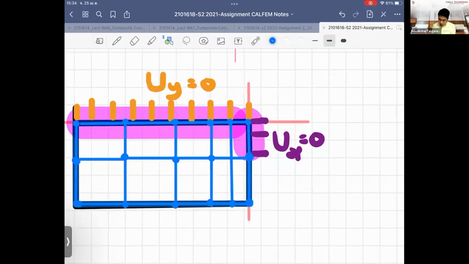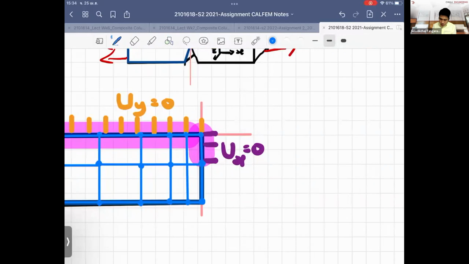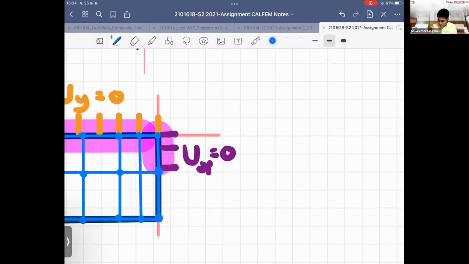And the thing that you have to be careful about is the ratio of the mesh.